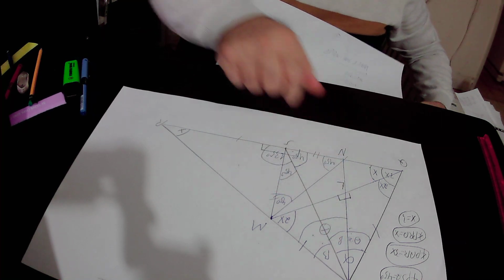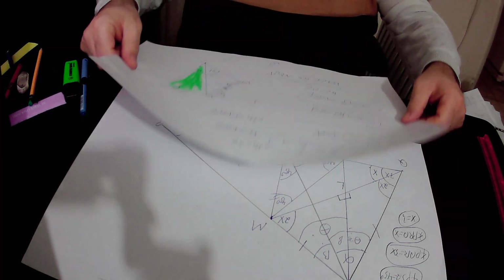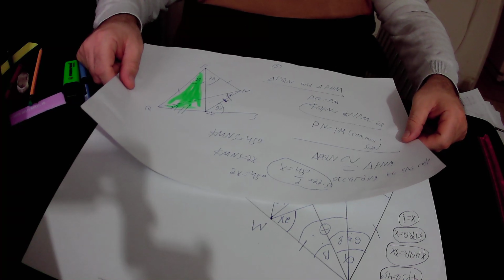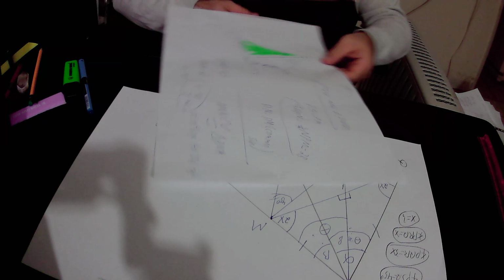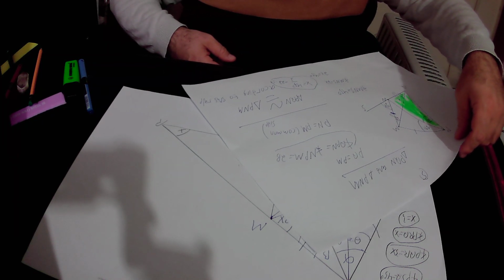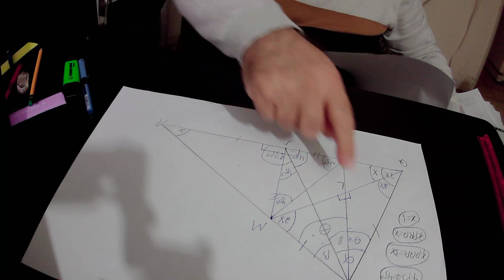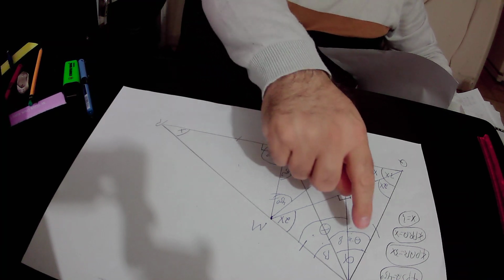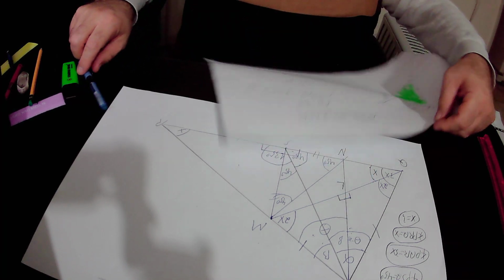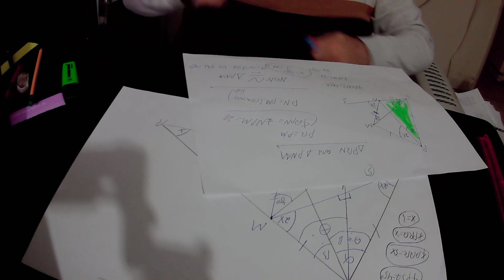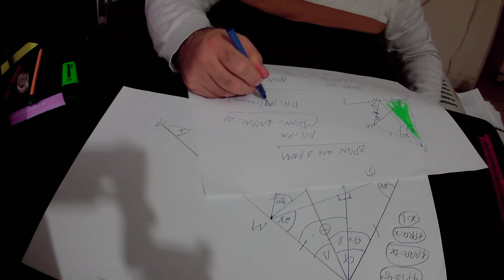So those two angles are equal to each other, and PM here, PN equals PN. It is a common side that belongs to both triangles.